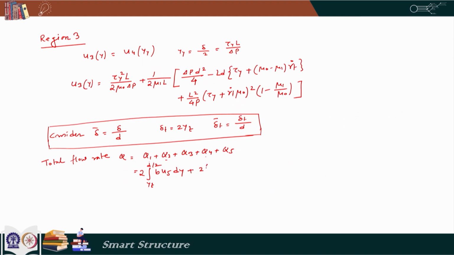Then we have 2 and a region from y y to y t, where we integrate b u4 dy, and then from 0 to y y we integrate just b multiplied by u3 dy, because 0 to y y is half of the plug thickness.